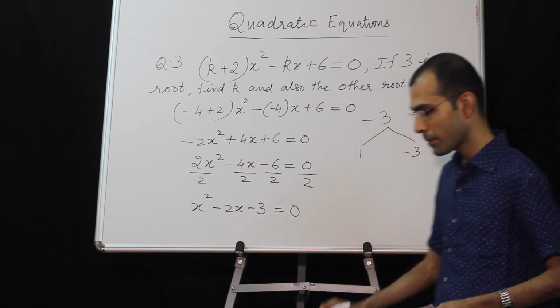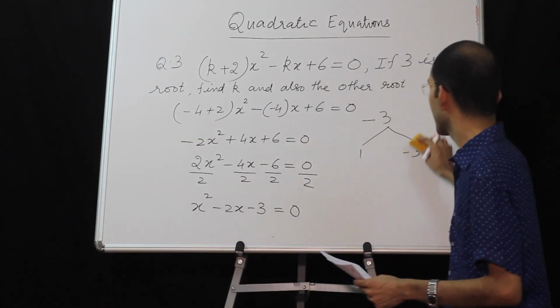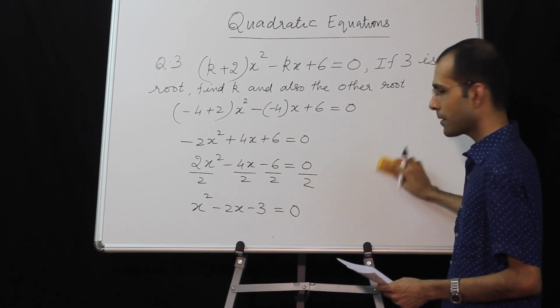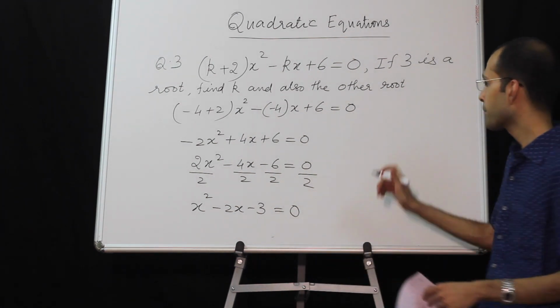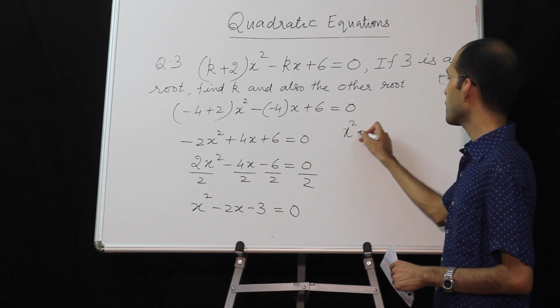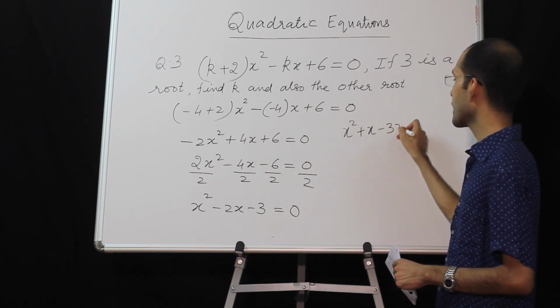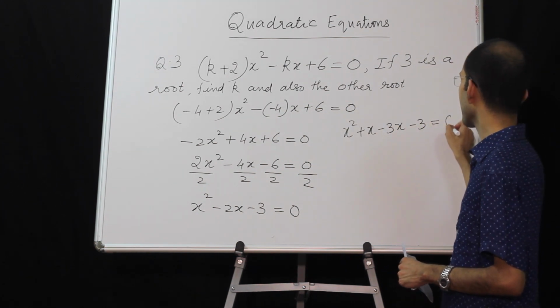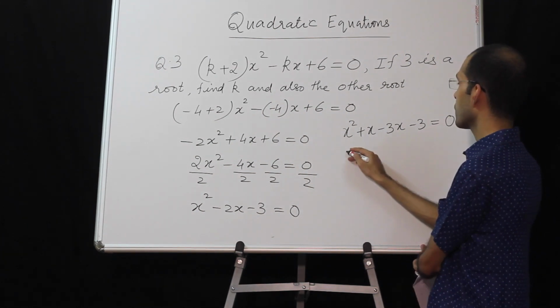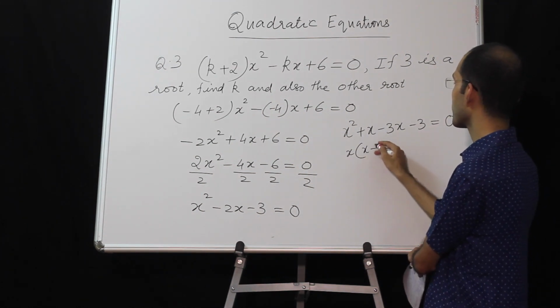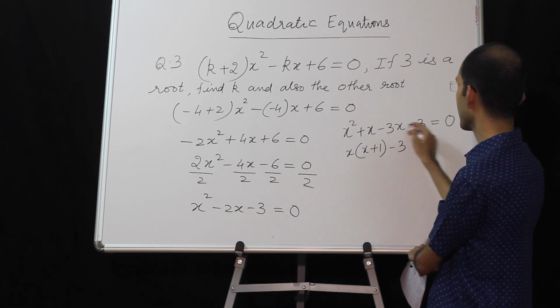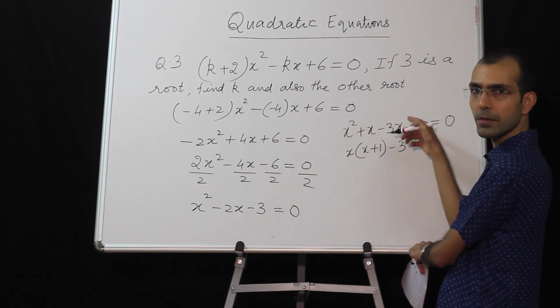So now, remember, it is 1 and minus 3. So it will be x square plus x minus 3x minus 3 equaling 0. So you will have x into x plus 1, minus 3 is common. Take first and second term, third and fourth term.